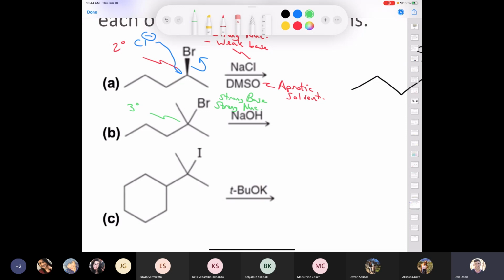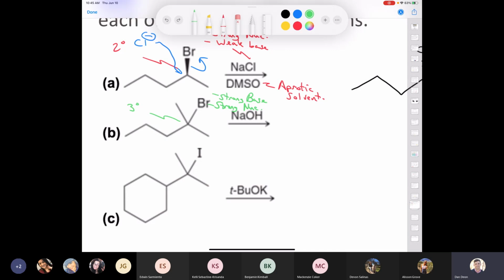Could anybody tell me what type of mechanism would predominate here? So if I have a strong base and strong nucleophile, and I'm looking at figure 7.20, I've got a tertiary alkyl halide. Yes, it would be the E2 only.